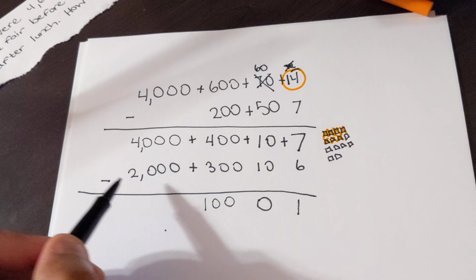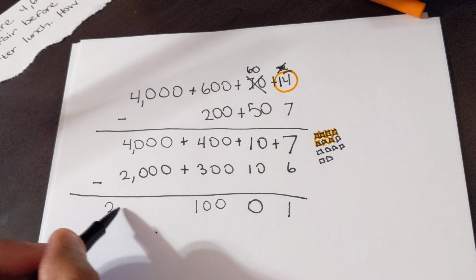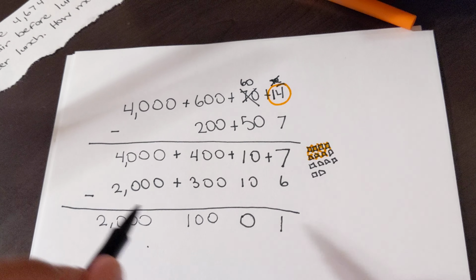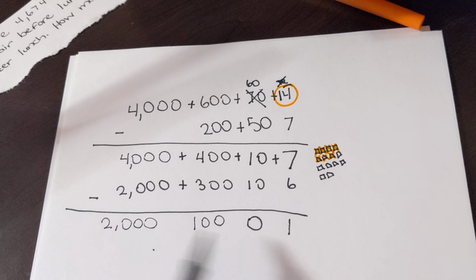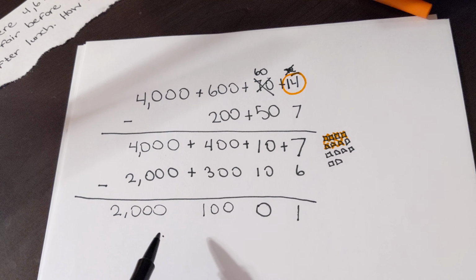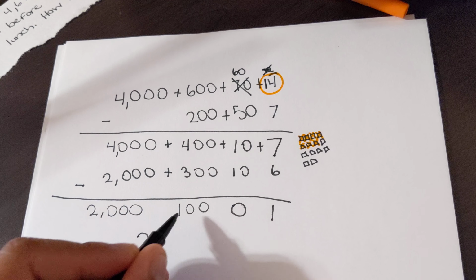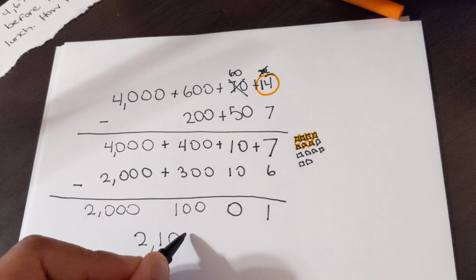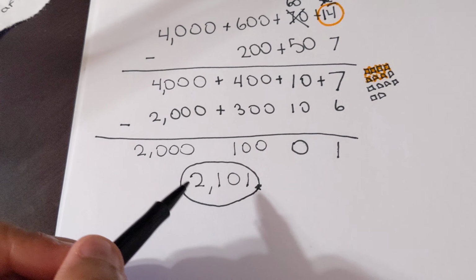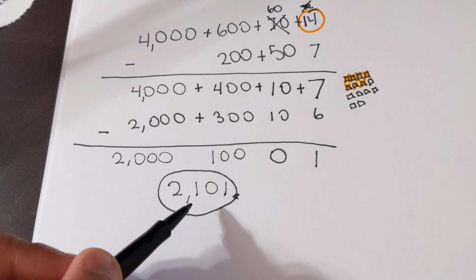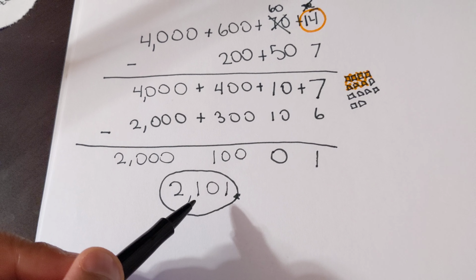And 4,000 minus 2,000, 2,000. And now I can put my expanded form answer into standard form to get my answer, which gives me 2,101. So after all that work, I now know that 2,101 people remained at the fair after lunch.